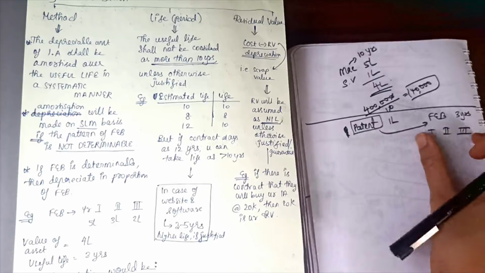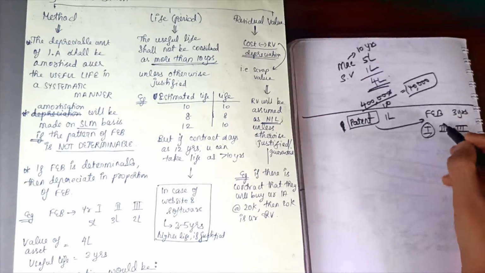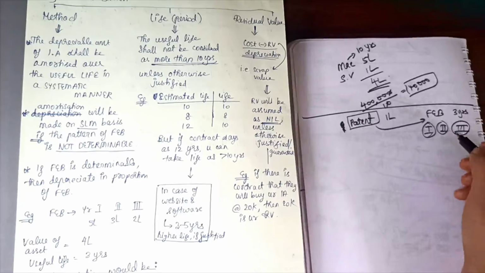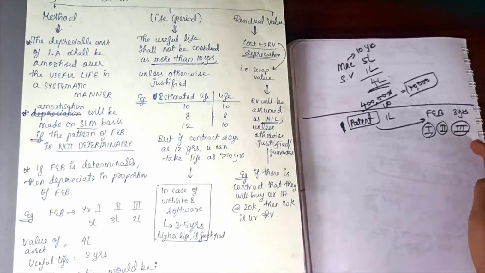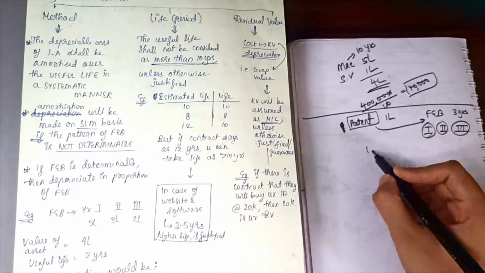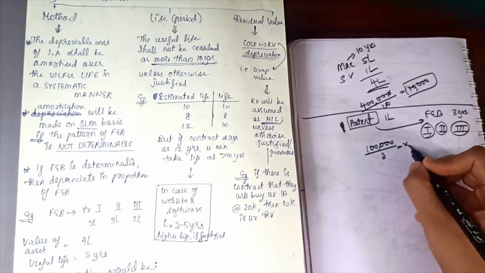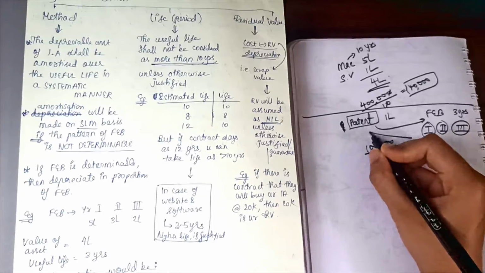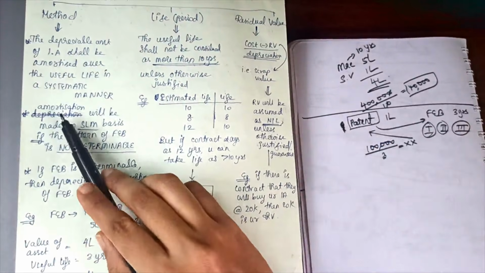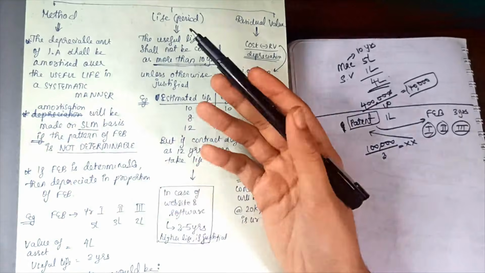You know for 3 years you are going to get future economic benefits, but how much in the first year, second year, third year is not determinable. So the pattern in which you are going to get it is not determinable. At that time you will do 1 lakh divided by 3, and whatever amount comes, every year you will amortize this amount from the patent. So that is what is given: amortization will be made on SLM basis if the pattern of future economic benefits is not available.